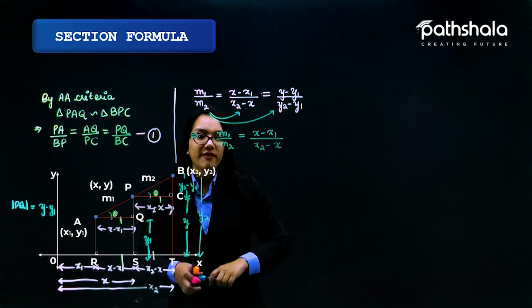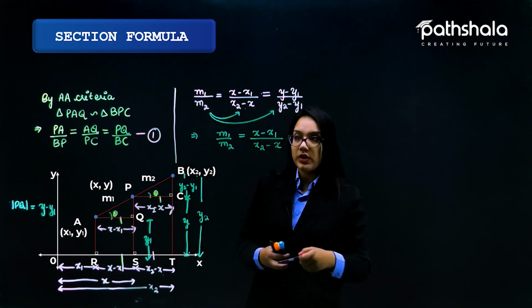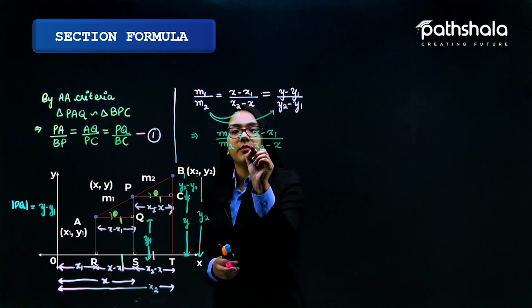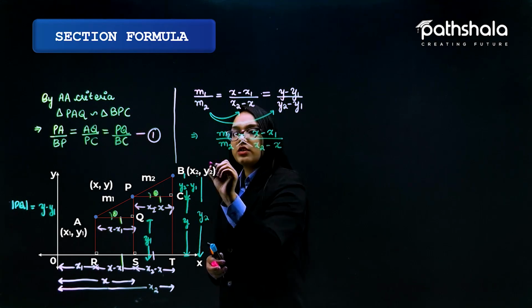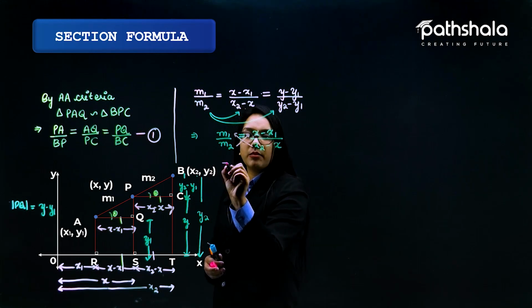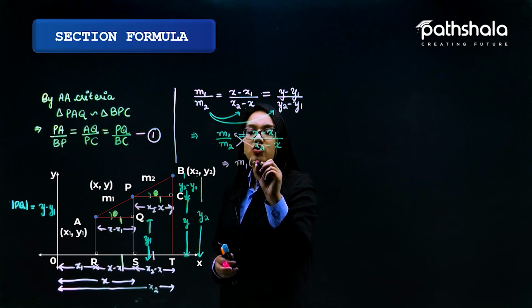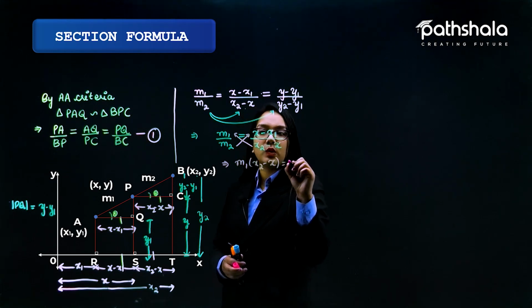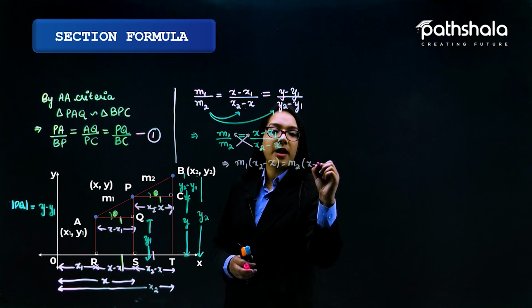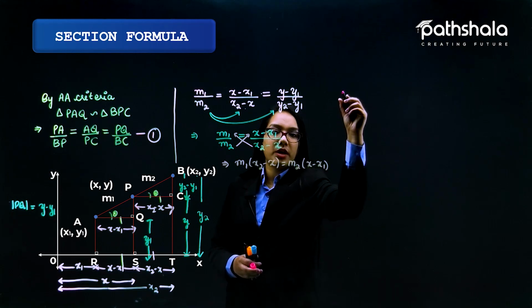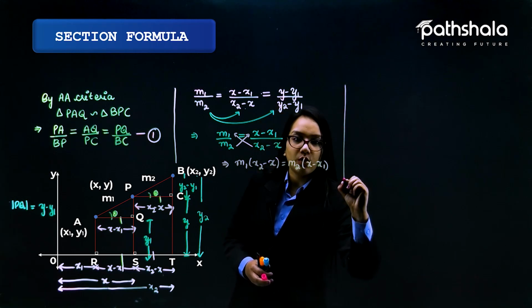Let's sort it out for the value of x. Multiplying the terms together, I'm getting m1 times x2 minus x, which is equal to m2 times x minus x1. So I'm getting the values in this particular form.